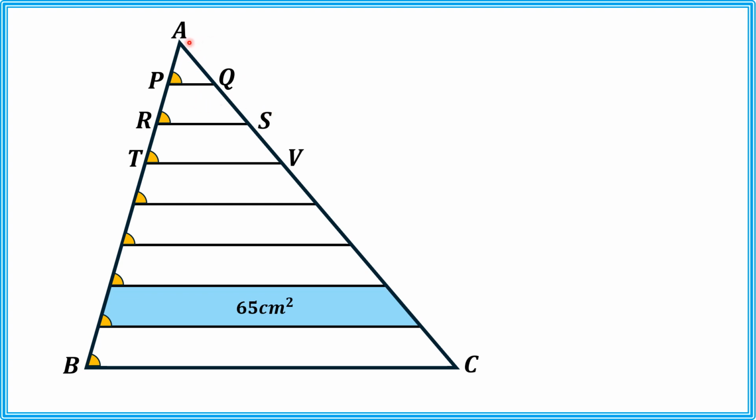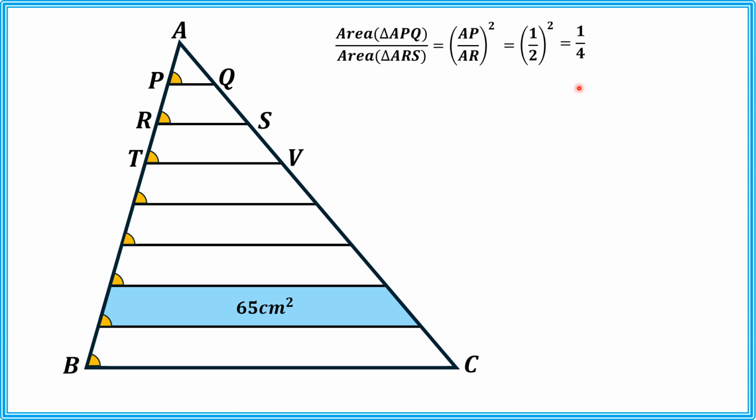So if we consider the first two triangles APQ and ARS, the ratio between the areas of these two triangles is equal to AP over AR, squared. Since the height of this triangle is H and this strip is also H, the heights of these two triangles are in ratio 1:2, so their sides must be in ratio 1:2, and thus this is equal to 1 over 2 squared, which is equal to 1 over 4.